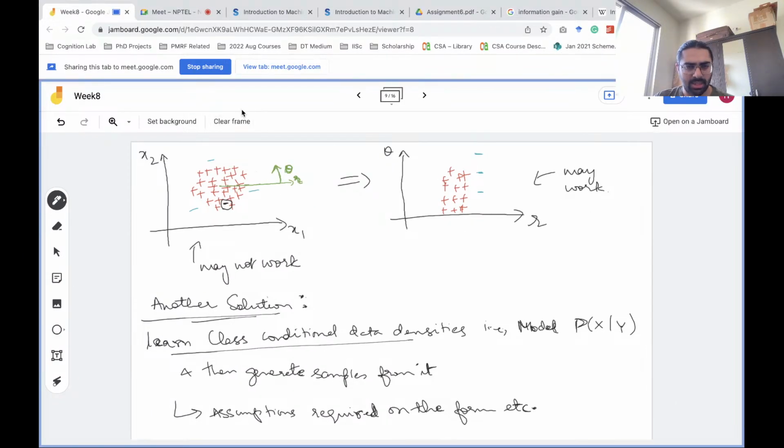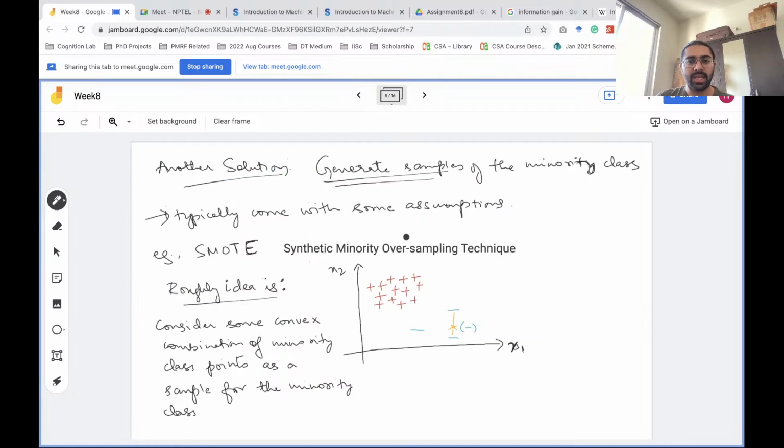We saw this one approach. So we have one more solution here, that is basically we can learn the class conditional densities, right? So what I can do is try to learn this p of x given y. I can try to learn some sort of a Gaussian thing here, and learn a Gaussian around this.